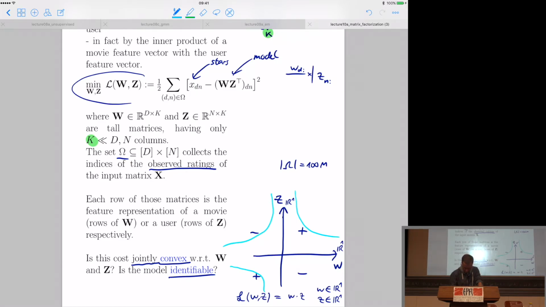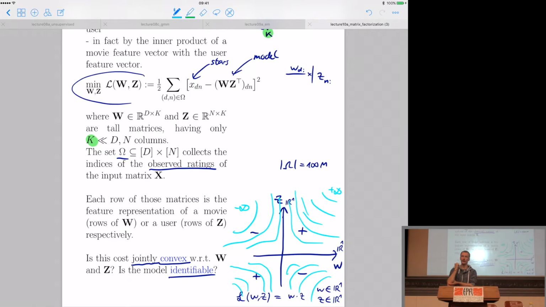Here it becomes bigger and bigger if you go in that direction, and in the negative orthant you can go to minus infinity here and plus infinity there. So why is this non-convex? Can you see it? Can you give me an example, or how would you show that this is non-convex?